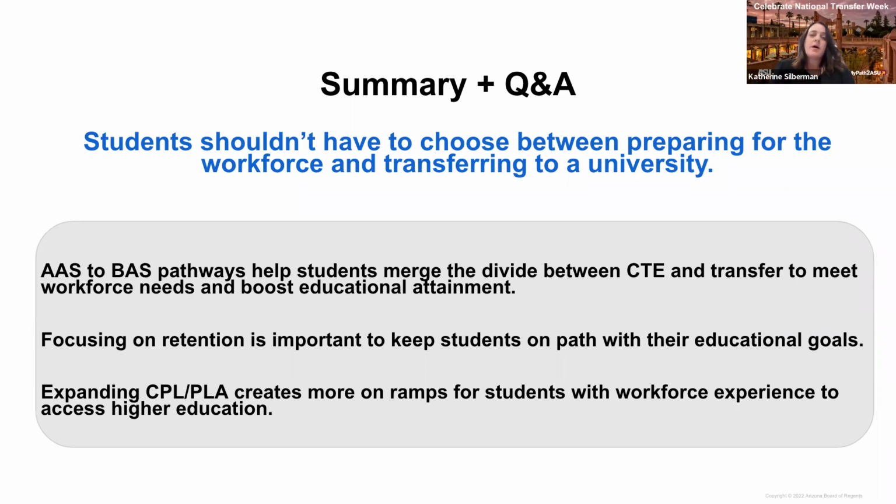And so on the transfer guide pages, where My Path to ASU is housed, that tool that shows the matches, the pairings between the AASs to BAS really helps narrow down those choices for students, so that they can see some BAS options that they might not have even been aware of that they existed. And then they can click on the BAS programs to learn more about them in particular.